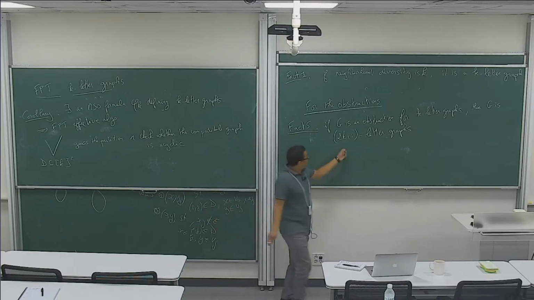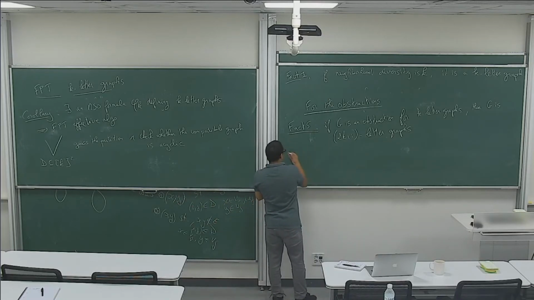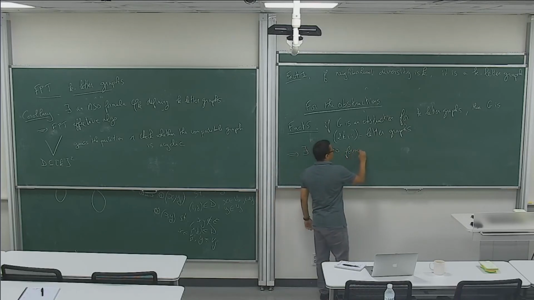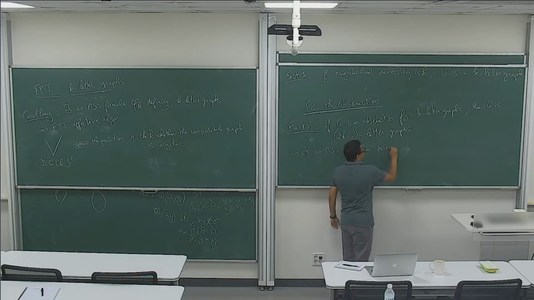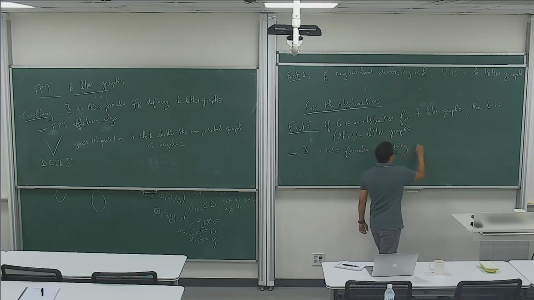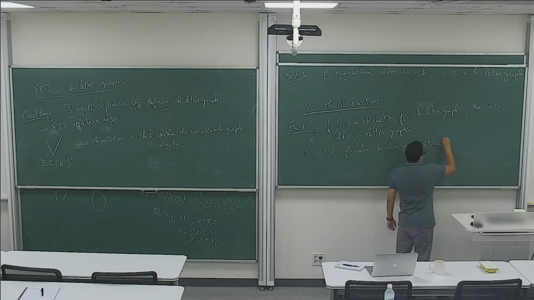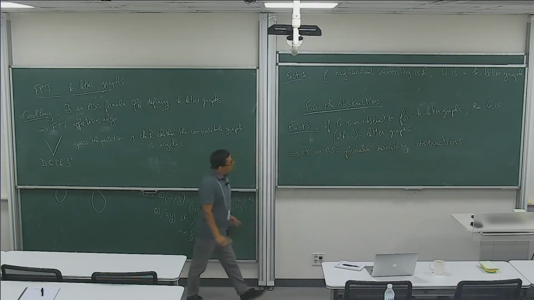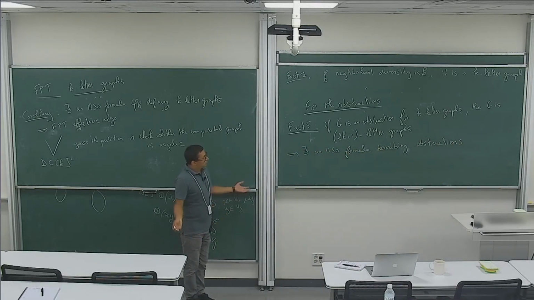So now, obstruction, this means there is an MSO formula describing obstructions. From this MSO formula describing obstructions, I can bound the size.